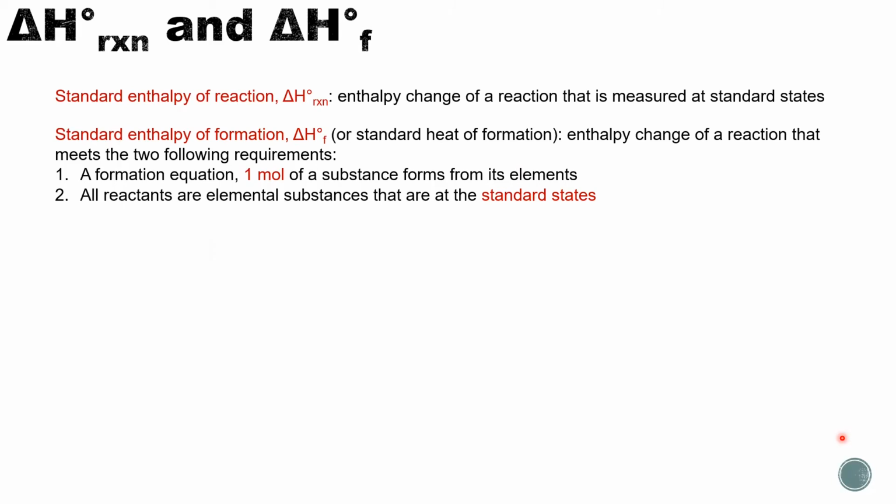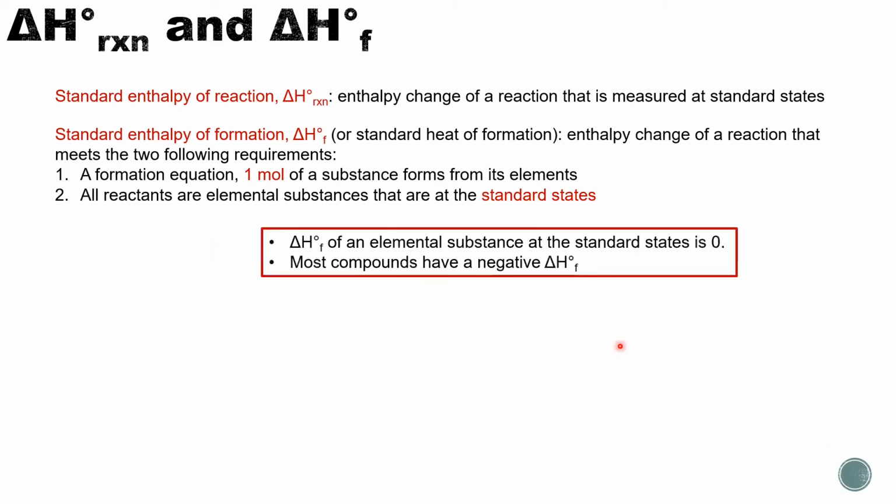There are 2 things you need to pay attention to. One is that the standard heat of formation of an elemental substance at its standard state is always 0. As you can find in Appendix B, it's always 0. And most compounds have a negative standard heat of formation.